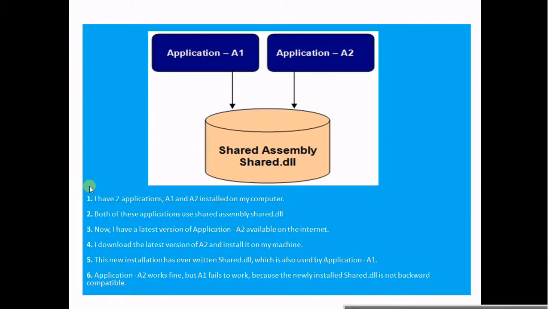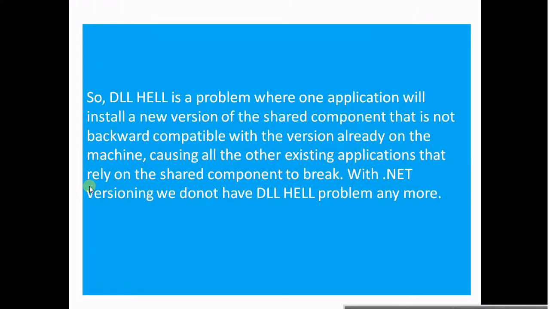The P2 application is the new version with the change of the shared assemblies. So the shared assemblies work fine with P2, but the P1 application throws an exception. It's not running with the shared assemblies. This means the assembly is not backward compatible, which may cause DLL hell, and DLL hell will be solved by versioning, which we'll talk about in later sections.